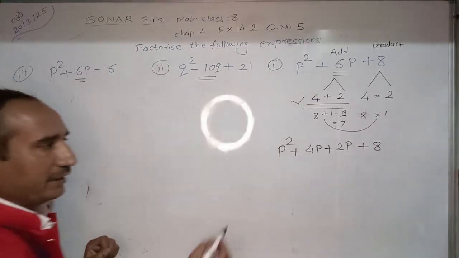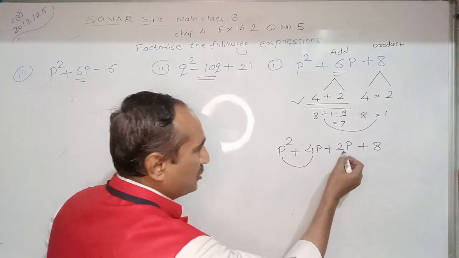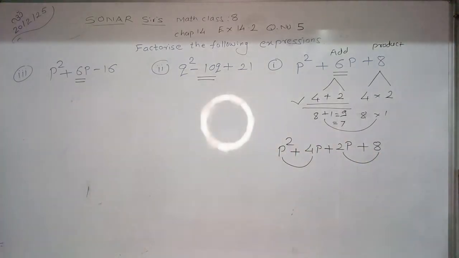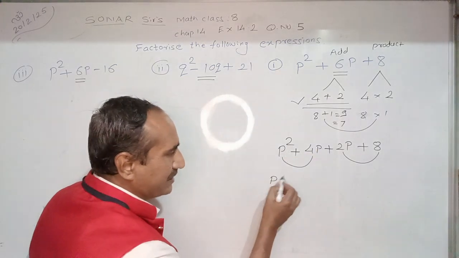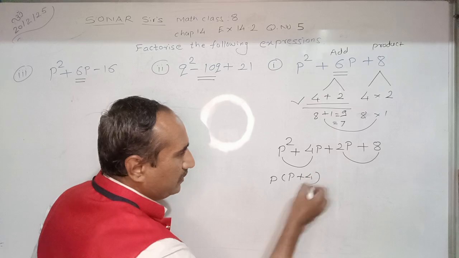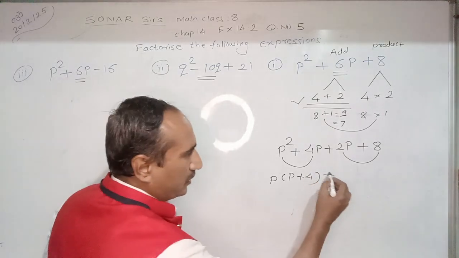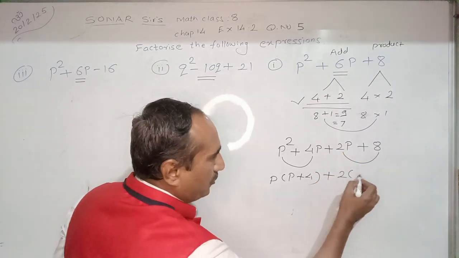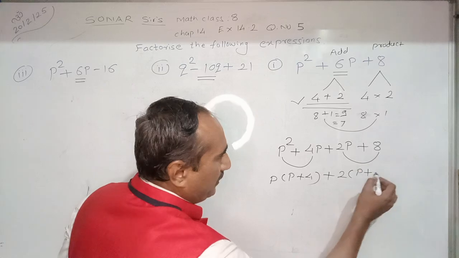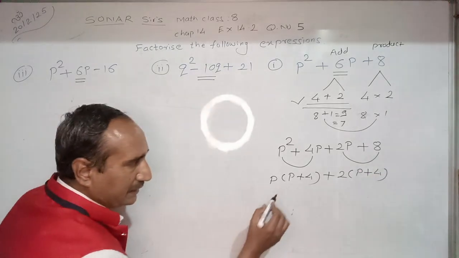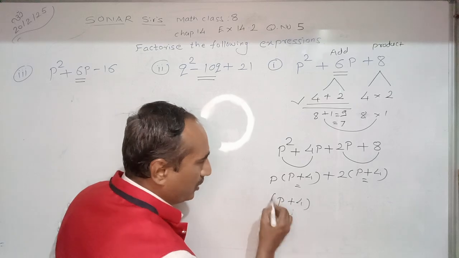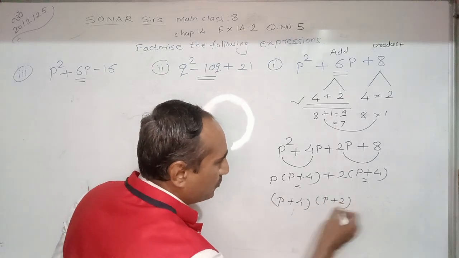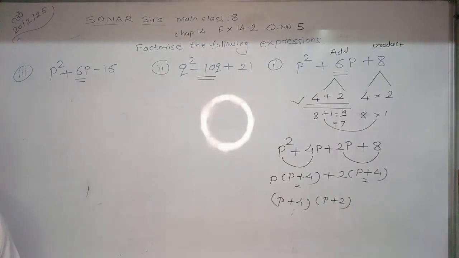Now again, as per the first question, we have to take the common terms. Here we can take p as common, so it becomes p into p plus 4. Here 2 is common, so 2 into p plus 4. Again this bracket is common, so p plus 4 and p plus 2 are the factors.